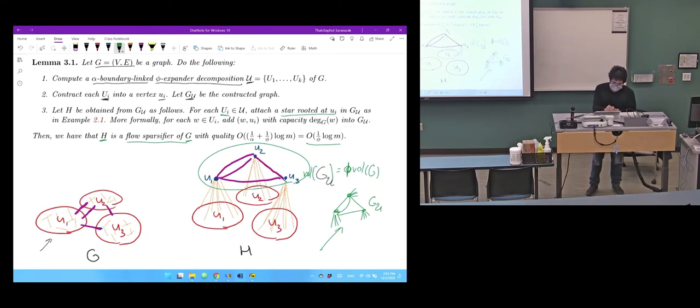Although I use the alpha battery link decomposition, G in the beginning has no battery, so we don't pay the battery term in the size of G_U, because the size of G_U is really just the number of battery edges in the decomposition. So you have the graph which is smaller, and then for each part you attach a star. So it looks at least a bit better than the original graph.